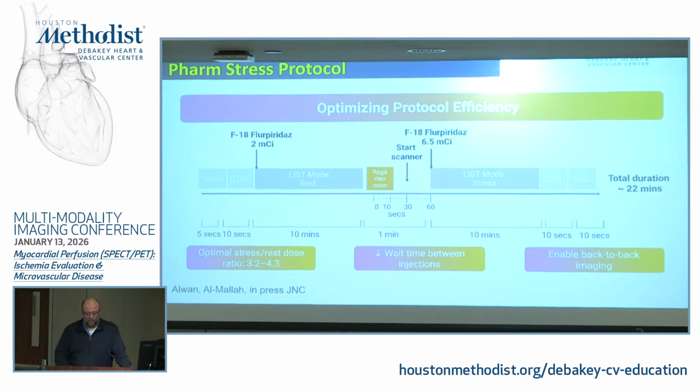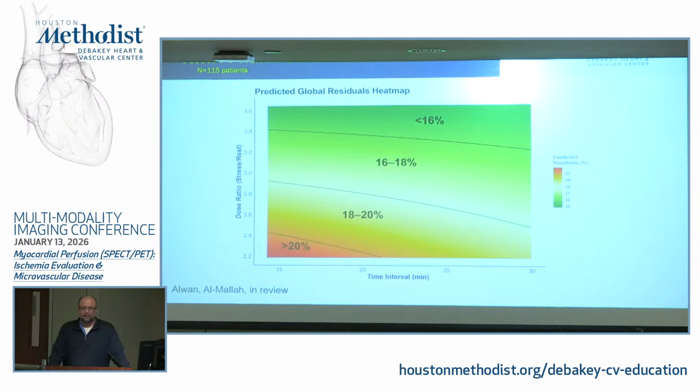So we reduce the rest dose so we can achieve a higher ratio. Our rest dose went down from 3 to 2, and this way we are able to shine it through when we give 3 times the dose with stress. So that's what we are doing here, back to back, and in the upcoming paper we will show that by doing so we are in this ratio of 3, because we're going to be 6 to 2.